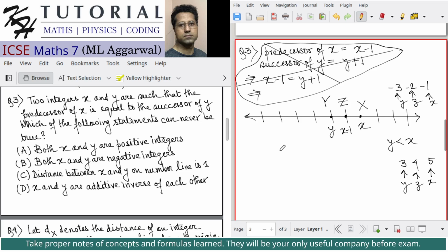We surely know that y is less than x. We know from the formula that the distance between y and x, where x is greater than y, is equal to x minus y.